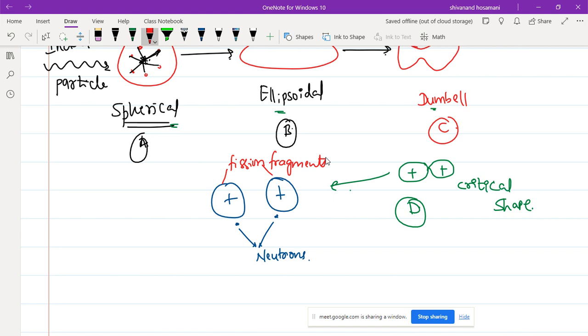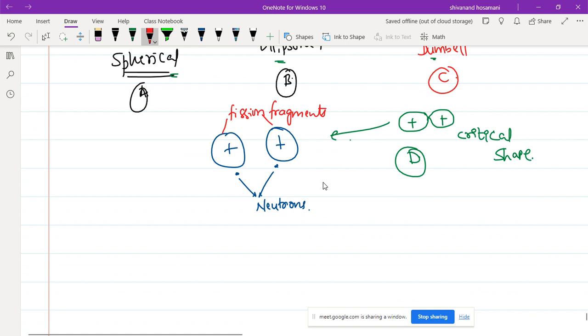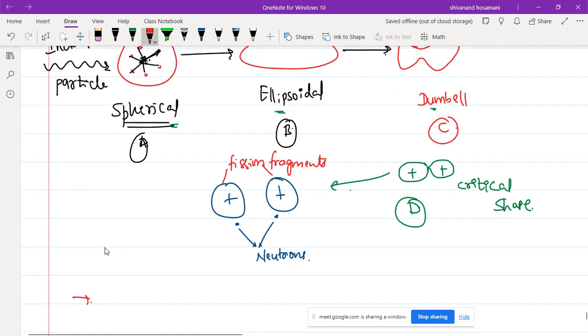So fission can be induced by incident particles which carry sufficient energy to disturb the nucleus, right? The incident particle will be absorbed by the spherical nucleus, which is going to be converted into ellipsoidal. Due to the collisions, due to the oscillations in the spherical nucleus, its shape deforms into ellipsoidal. Remember, the incident particles should carry sufficient energy.